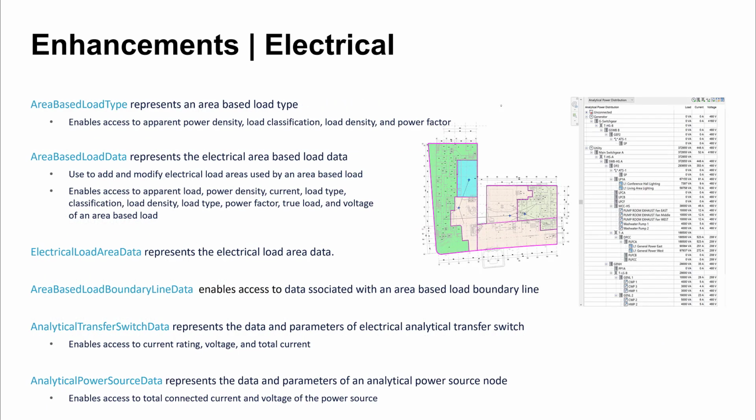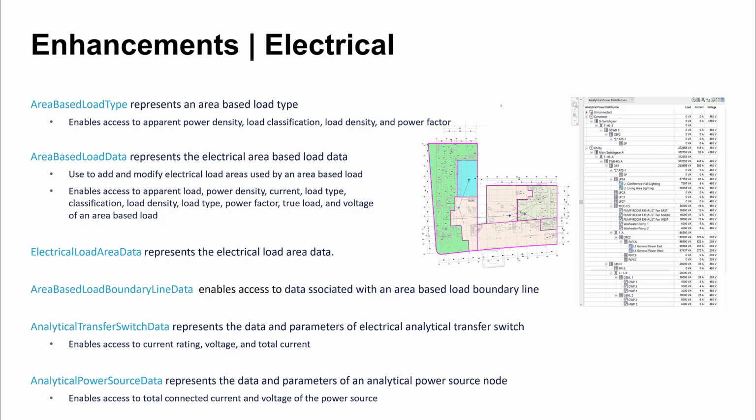Additionally, we have area-based load type. So there's a number of enhancements around area-based loading. So this is the type that starts to enable access to power density, load classification, load density, and power factor. We've also got area-based load data.